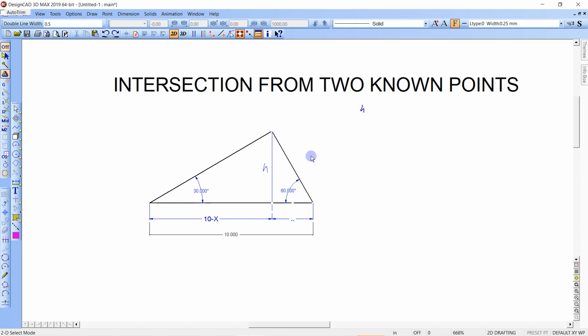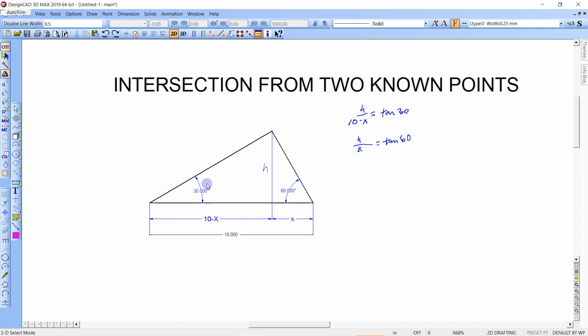So the h over x, actually this one's h over 10 minus x, so this is x, this is 10 minus x, right? H over 10 minus x is the tangent of 30, and h over x is the tangent of 60.